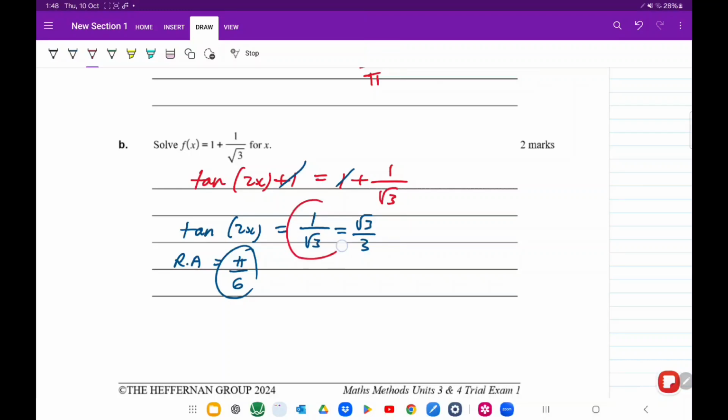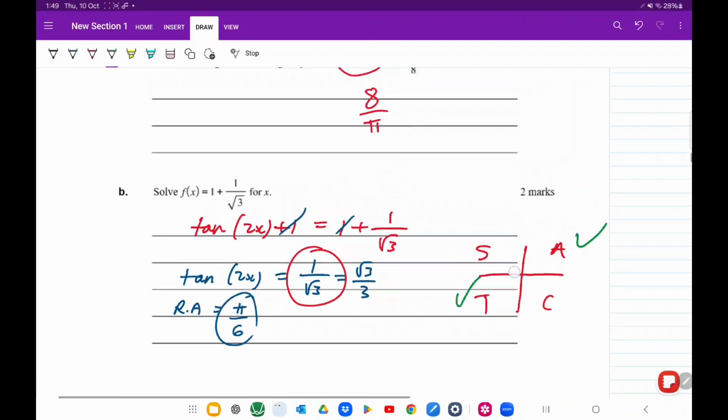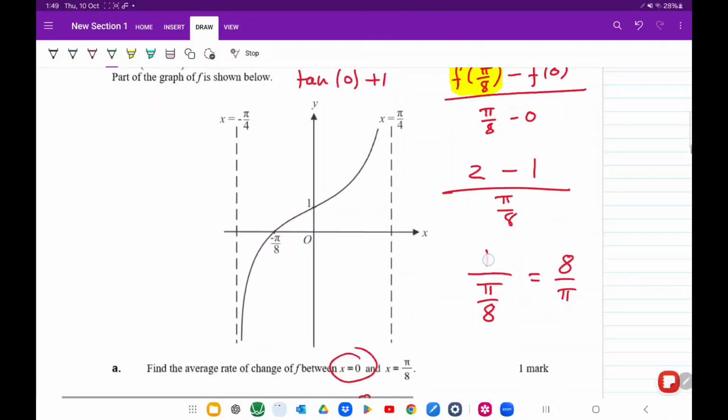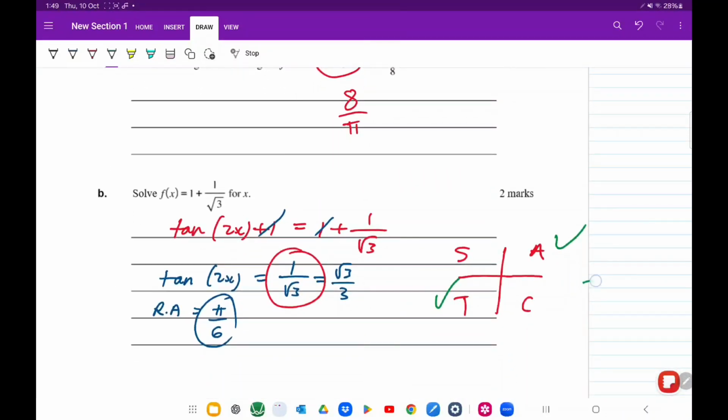Since it's a positive value, we draw up our CAST, and we want this and this. Then we check our domain. Our domain is from negative pi on 4 to pi on 4, so let's be careful with this.